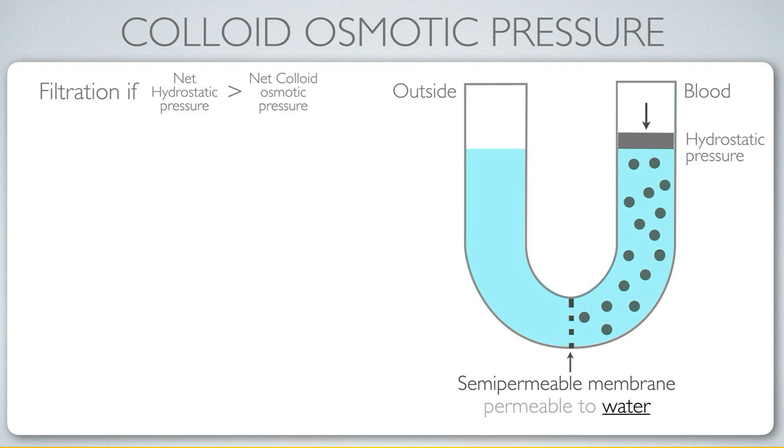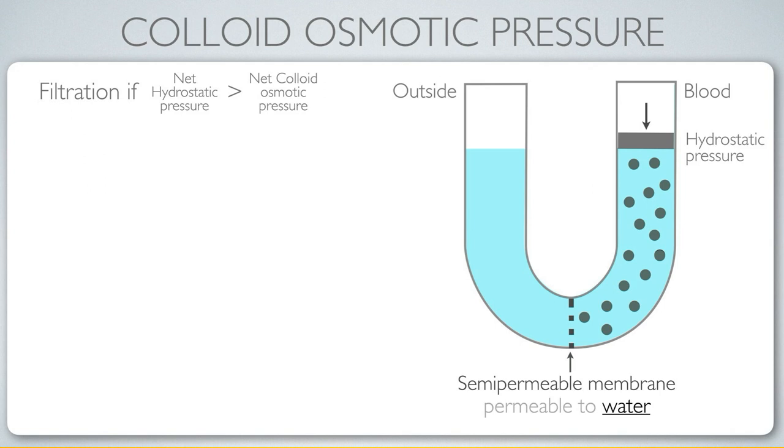If the net hydrostatic pressure is greater than the net colloid osmotic pressure, so in this case we're focused on hydrostatic pressure being generated greater on the blood side of the membrane, and it is greater than the colloid osmotic pressure, which acts in the opposite direction, then you create filtration.